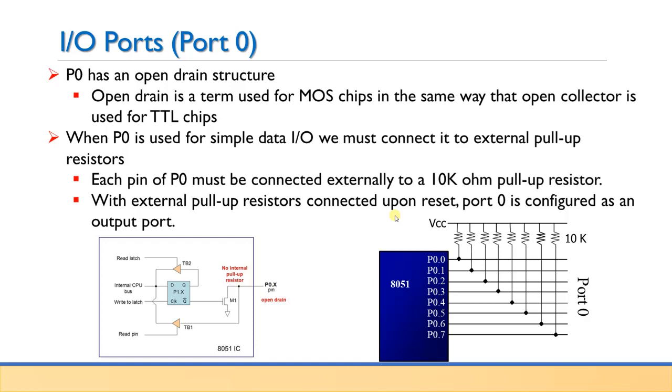As we saw, port 0 has an open drain structure. Open drain is a term used in MOS chips in the same way that open collector is used in TTL chips. And when P0 is used for simple data I/O, we must connect it to external pull-up resistors. So each pin is to be connected to a 10 kilo ohm pull-up resistor.